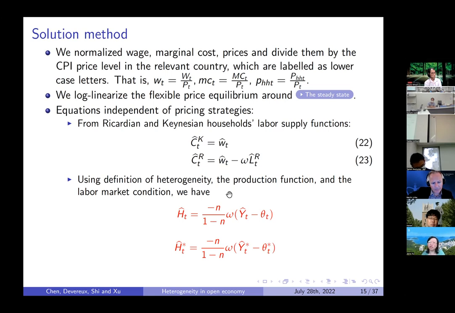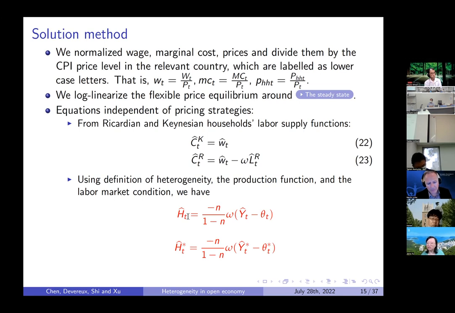Another very important equation is that using this definition of heterogeneity, H_t, we're going to find that this heterogeneity measure is proportional to the output gap. This is important, and it comes from the labor supply and the budget constraint.